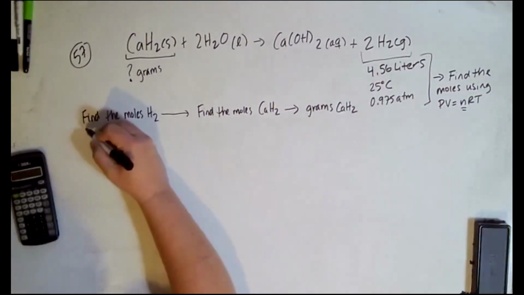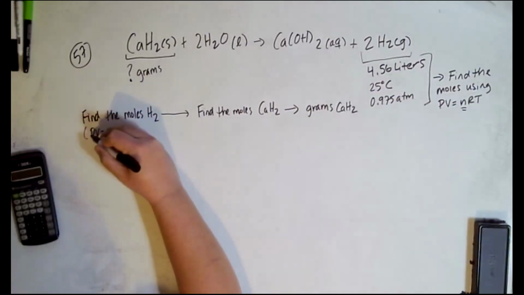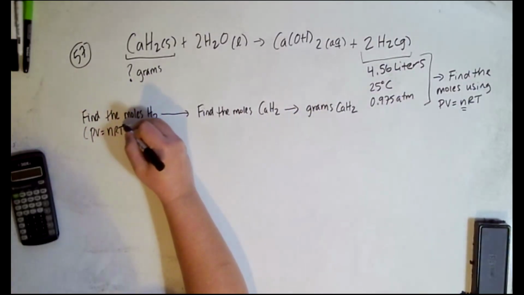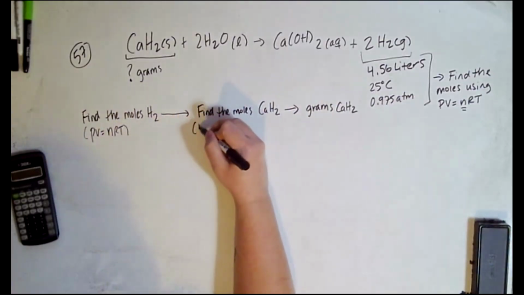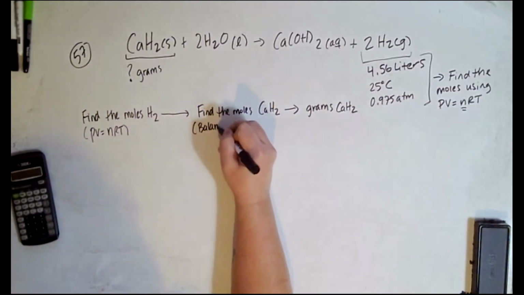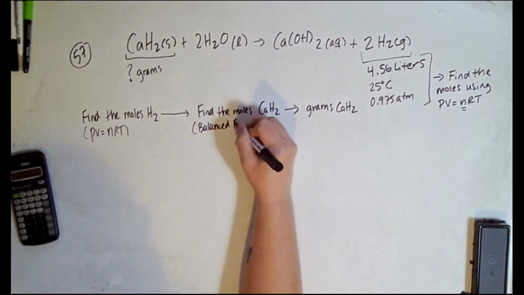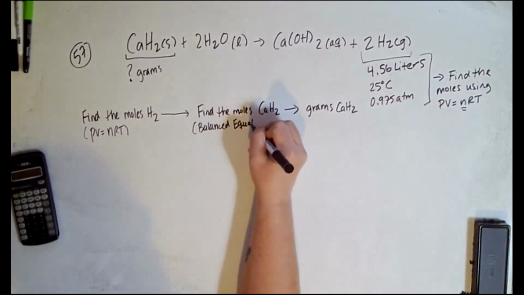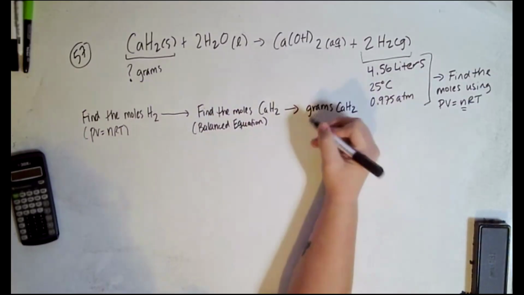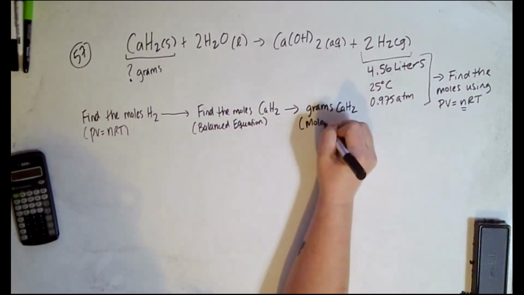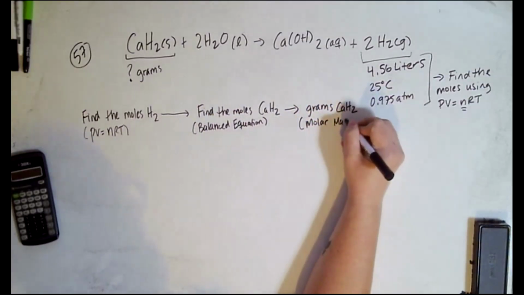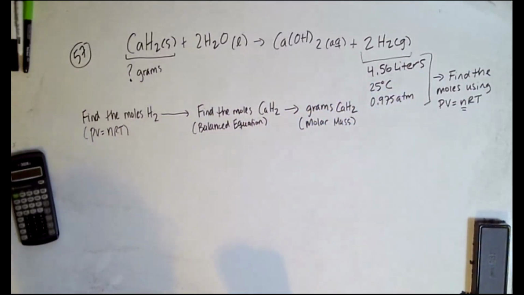Okay, so for this part, we're going to use PV equals nRT. For this part, we're going to use our balanced equation. And then for this part, we're going to use our molar mass of CaH2.